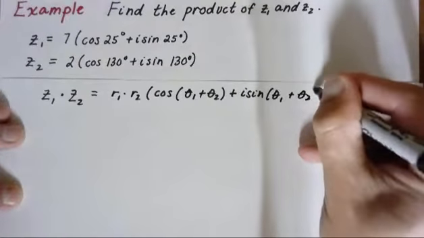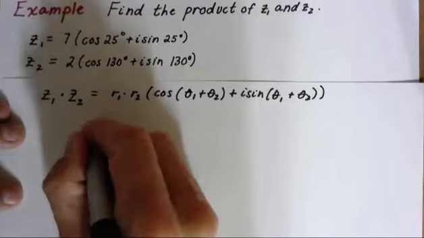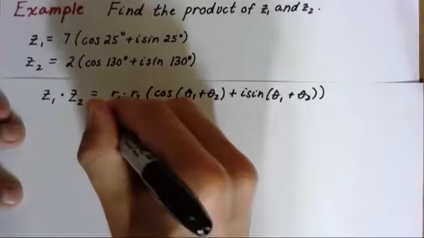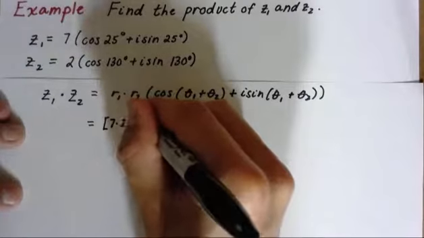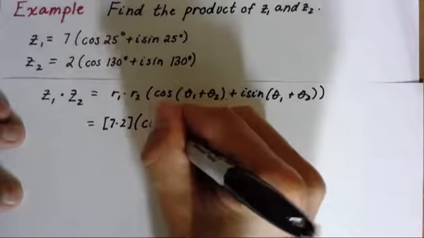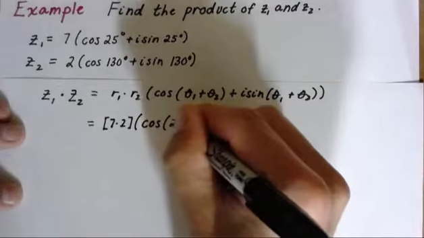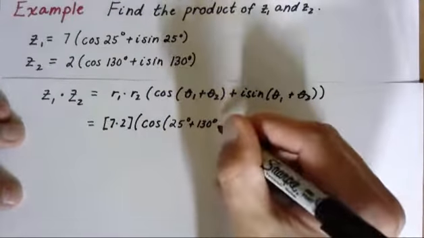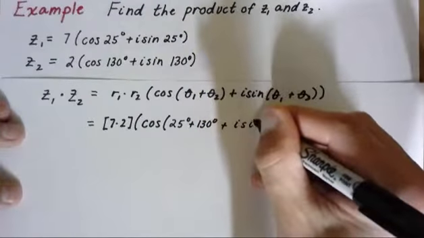Okay, so I just rewrote that definition for us here. So let's now just use substitution. You have r1 and r2, so that's going to be on the outside. You could do just 7 times 2 on the outside. In parentheses, you leave cosine alone, and then you're going to add 25 and 130, so 25 degrees plus 130 degrees. Now, if it's an exact value, great. You could simplify depending on if they ask you to simplify or not.